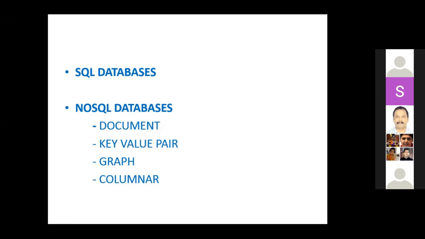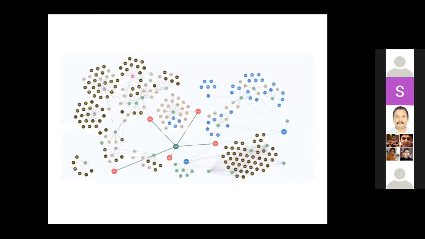At SPC, we are working on document databases, key value, columnar. But as of now, to share with you, this is the graph database. I'm happy to share that at SPC we have developed this application using Neo4j software, which is used exclusively for graph databases.